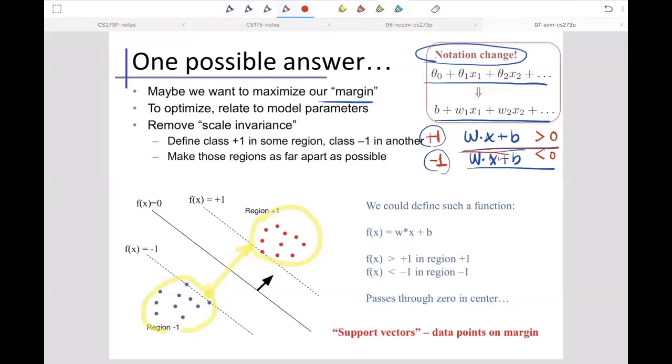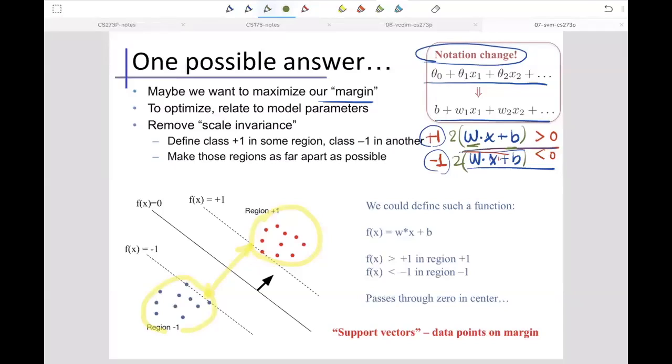Well, if I do 2 times this, and 2 times this, you can see that it does not change the decision process. If you double the values of W and double the values of b simultaneously, the decision still stays the same, because I only look at whether the value is greater than 0 or less than 0. For that reason, there's a redundancy in these parameters W and b, and they're not completely determined.